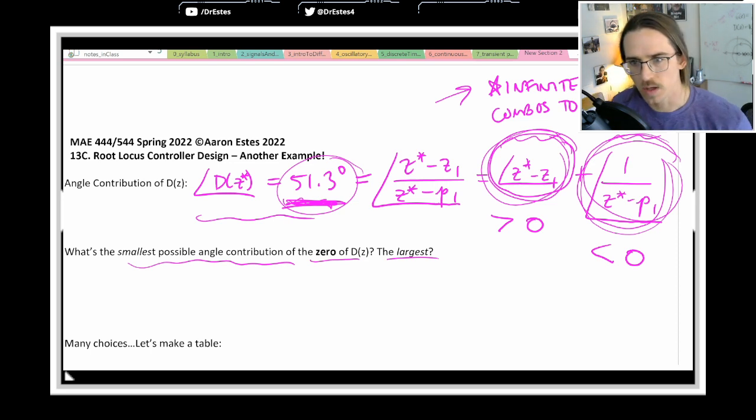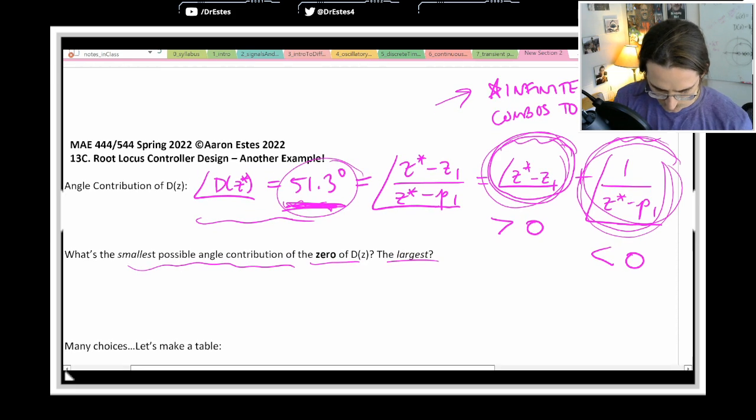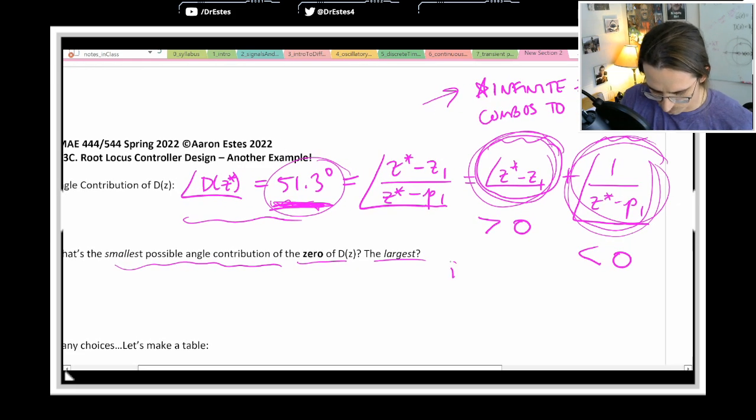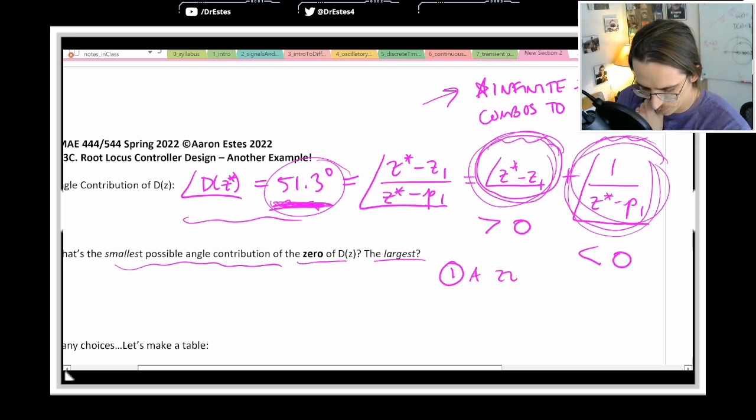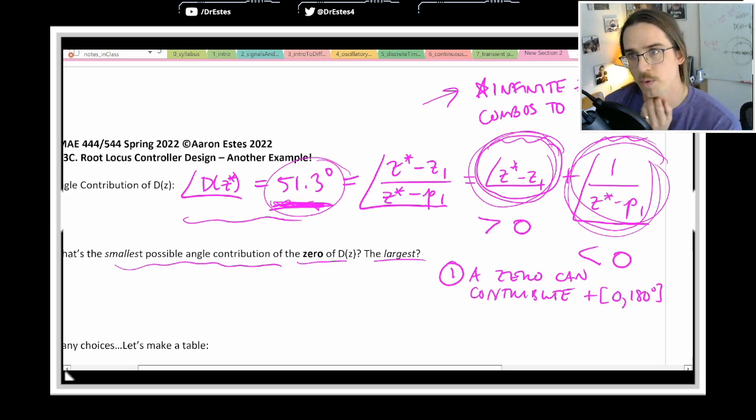This kind of goes to the question I think we see in the chat. Maybe I'll put this right here. I'll make 2 points. A 0 can contribute positive 0 to 180 degrees, somewhere in between there.